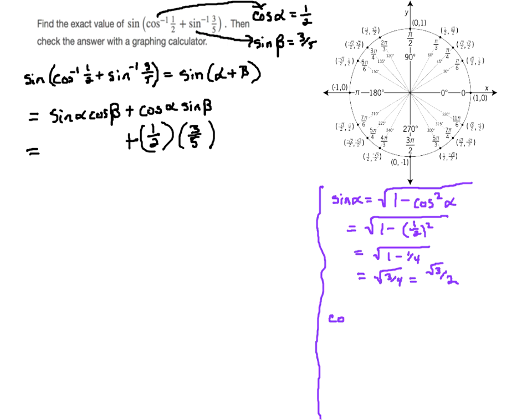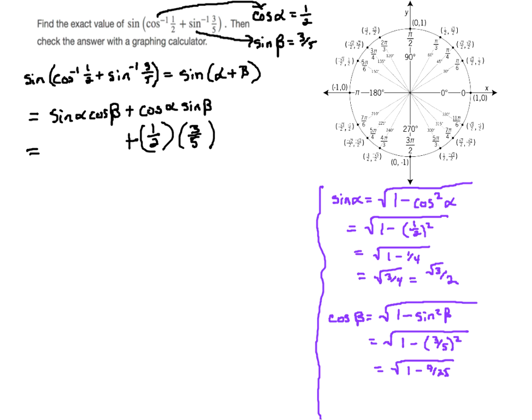And the cosine of beta is equal to the square root of 1 minus sine squared beta, and I already know the sine of beta. So that's 1 minus 3/5 squared, which is the square root of 1 minus 9/25. My 1 is the same thing as 25/25.